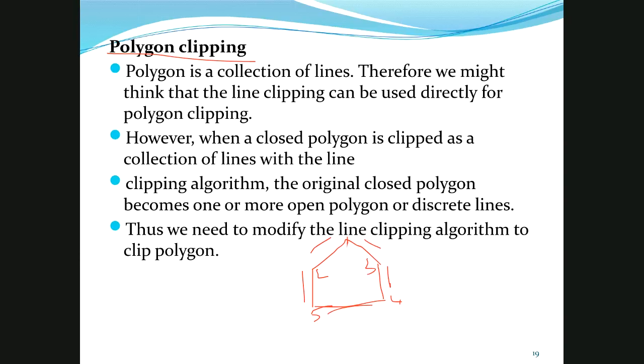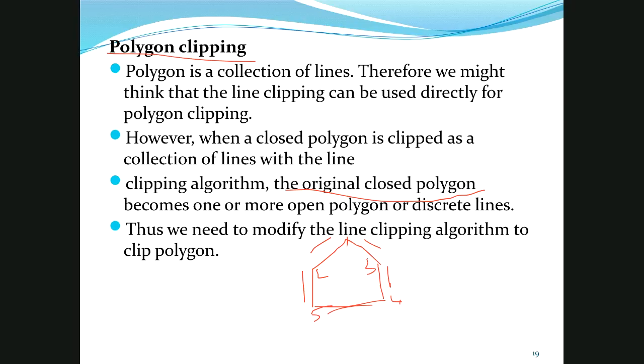Normally this polygon clipping algorithm can turn the original closed polygon into one or more open polygons or discrete lines. So if you clip this polygon, maybe the output is a closed polygon or maybe it is an open polygon.